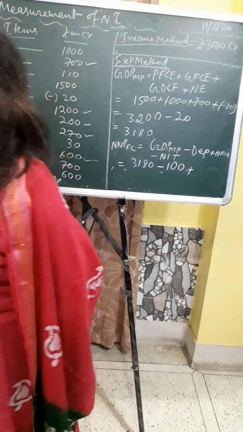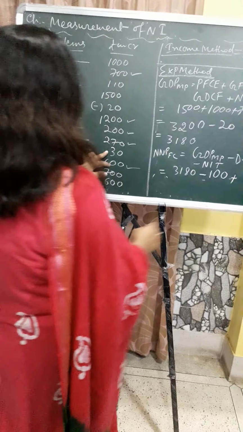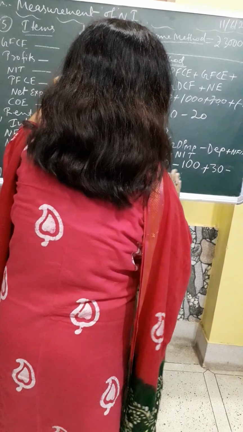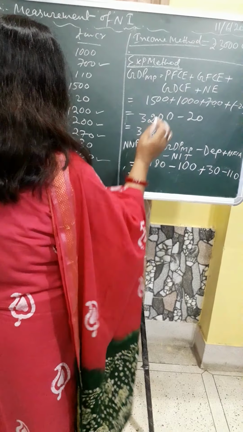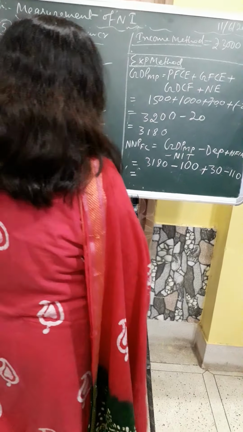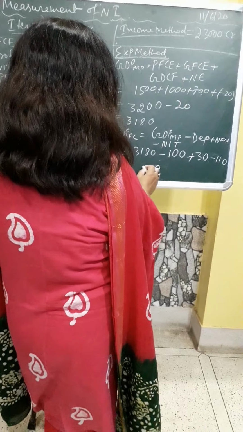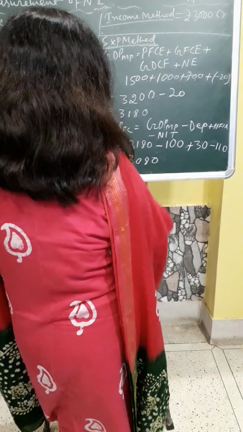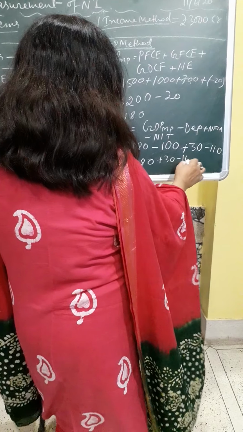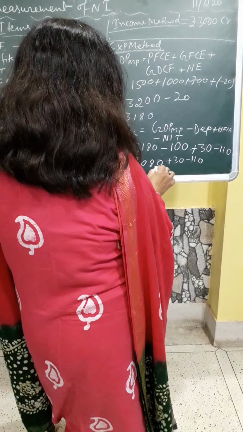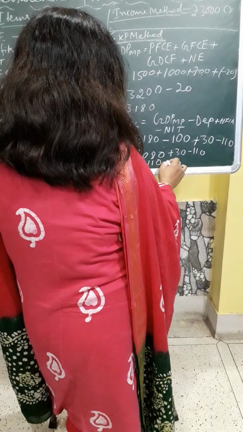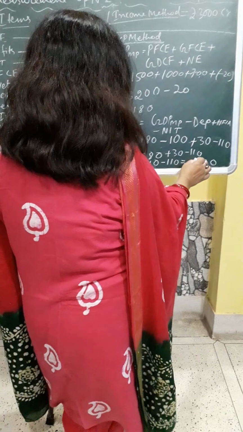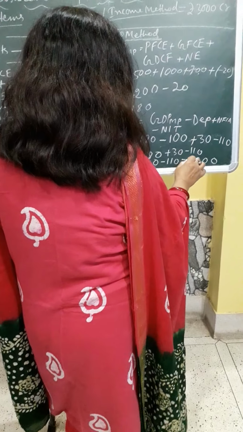3180 minus 100 plus NFIA 30 minus NIT 110. You calculate this: rupees 3000 crore.